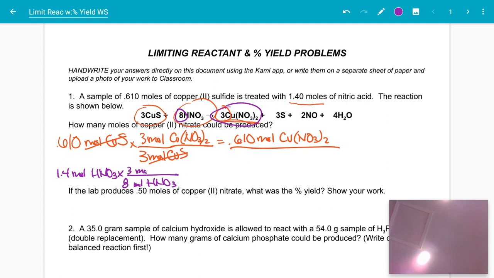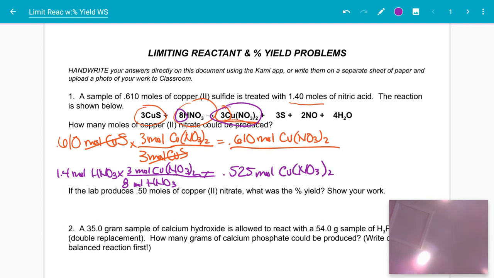So that's the 3 moles of copper nitrate, NO3, right? Did I do that right? Yep. And then, whoops, just an equal sign. So 1.40 times 3 divided by 8 is 0.525. 0.525 moles of copper nitrate.